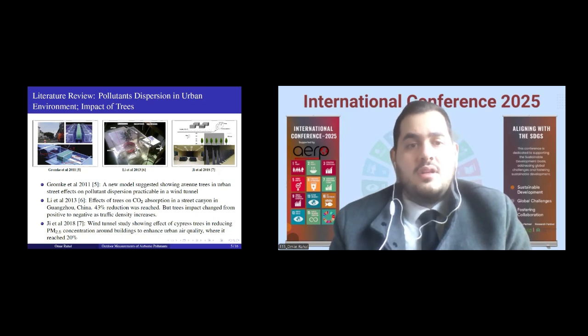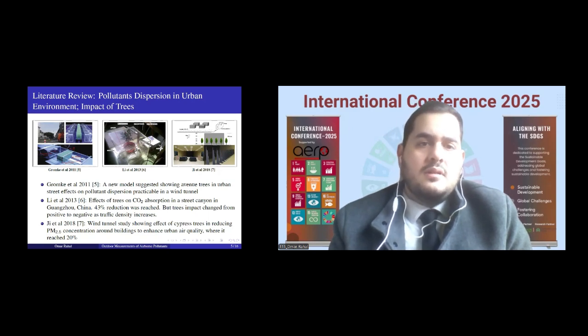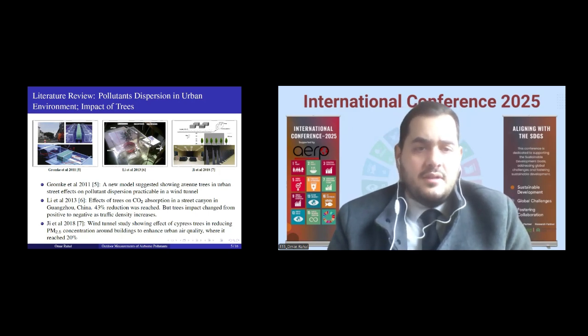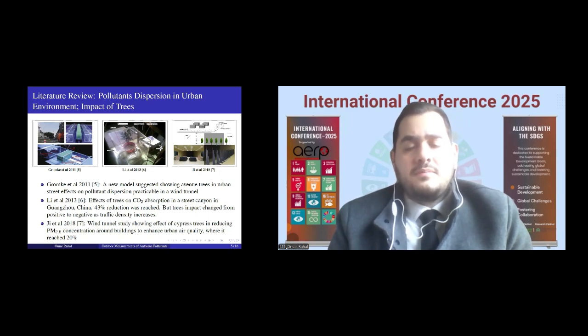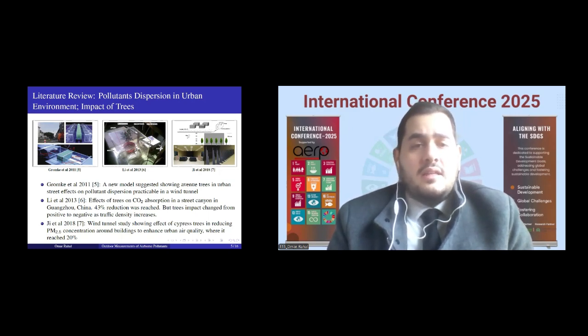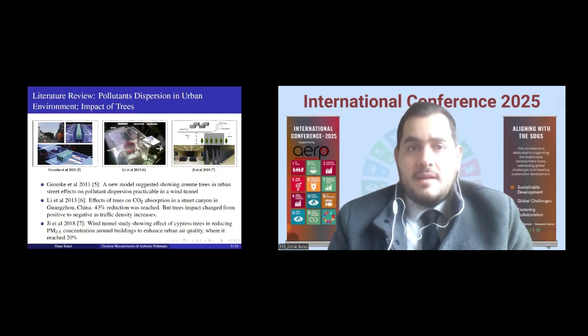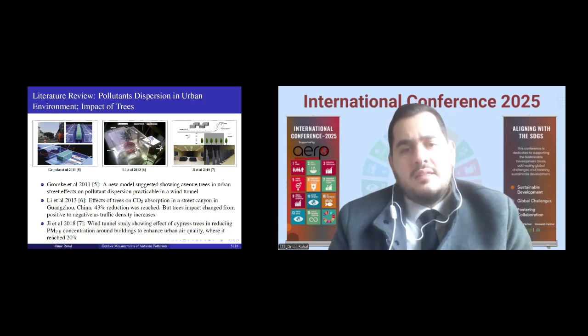First, I saw many previous experiments like the one on the left, Gromke 2011, where they had a model suggesting that avenue trees can be effective in pollutant dispersion and capturing pollutants in neighborhoods. They used a wind tunnel and they had good results as well.